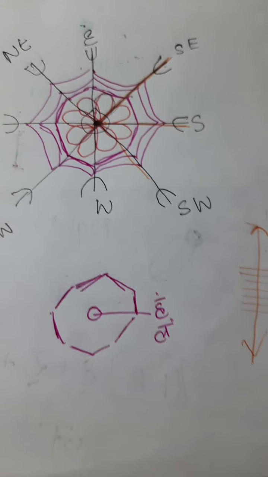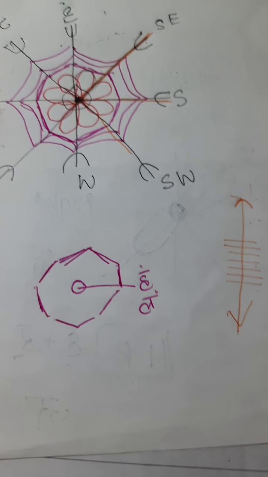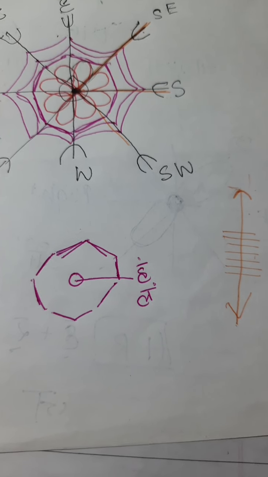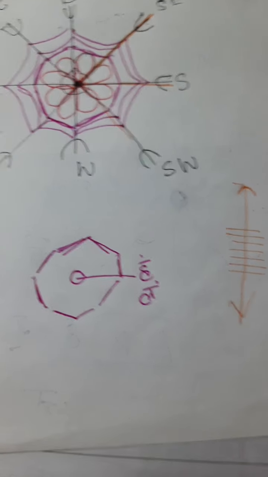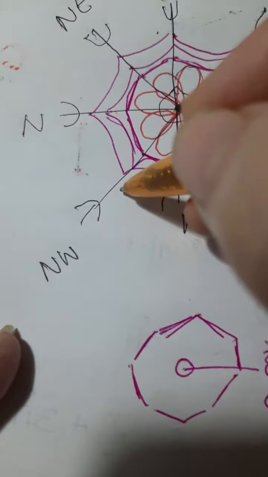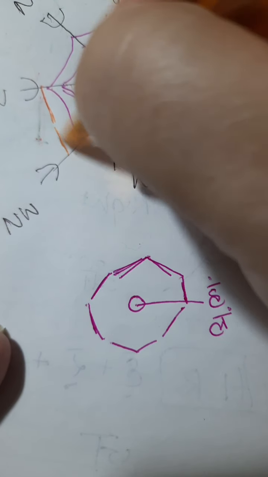How strong you make it all depends upon how focused you are and how good your vibrations are. Between this axis and this, half of it is here, half of it is here.